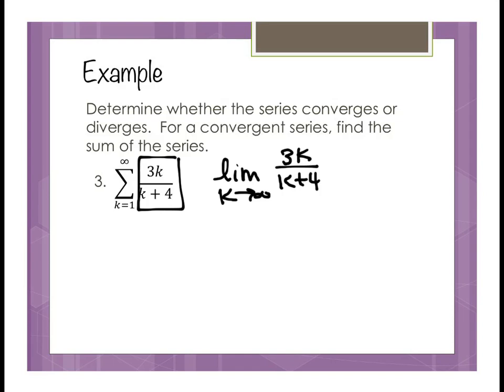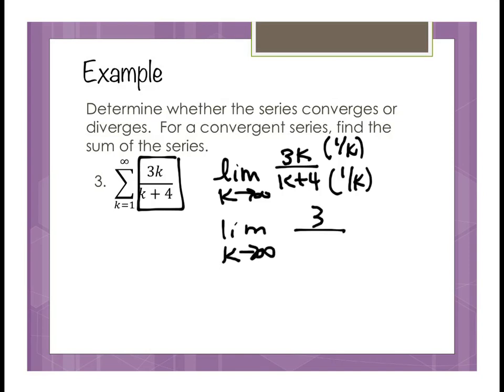So what could you do here to see what this sequence's limit is? What did you guys do in class last time on the boards? Multiply by 1 over k. Right. Multiply by 1 over k on the top and bottom. If I do that, I have the limit as k goes to infinity of 3 over 1 plus 4 over k.